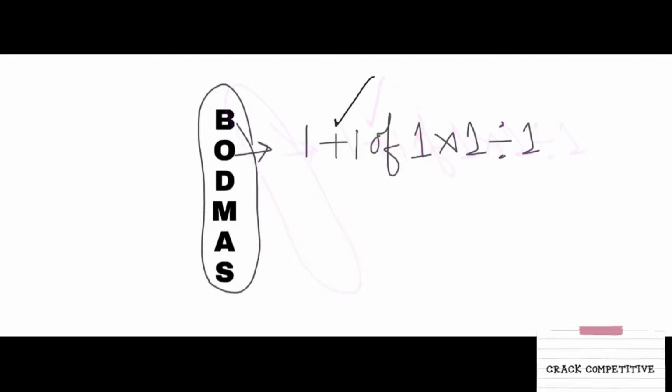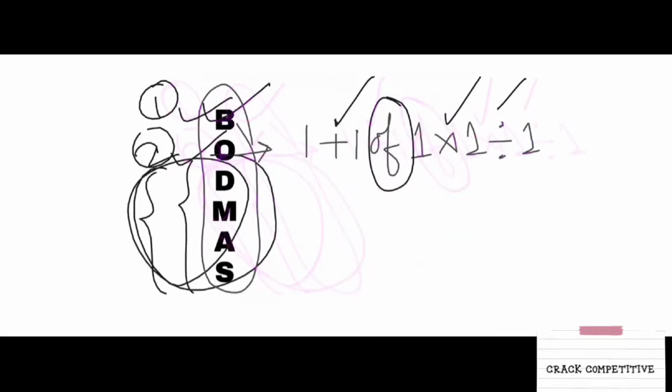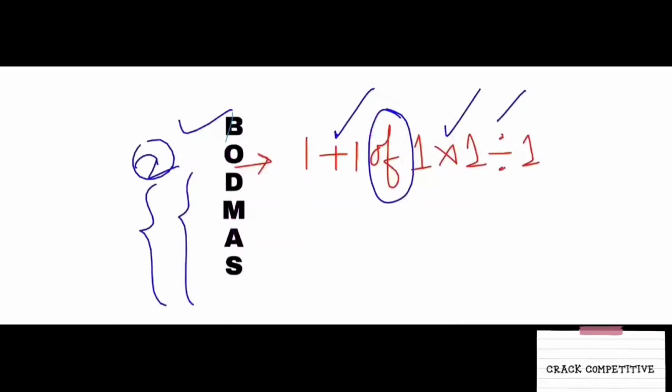There is plus, there is into or multiplication, whatever you say, there is division, and you have to remember that 'of' comes before all. First comes bracket, then comes 'of', right? 'Of' is the second one. Then comes this first, right?